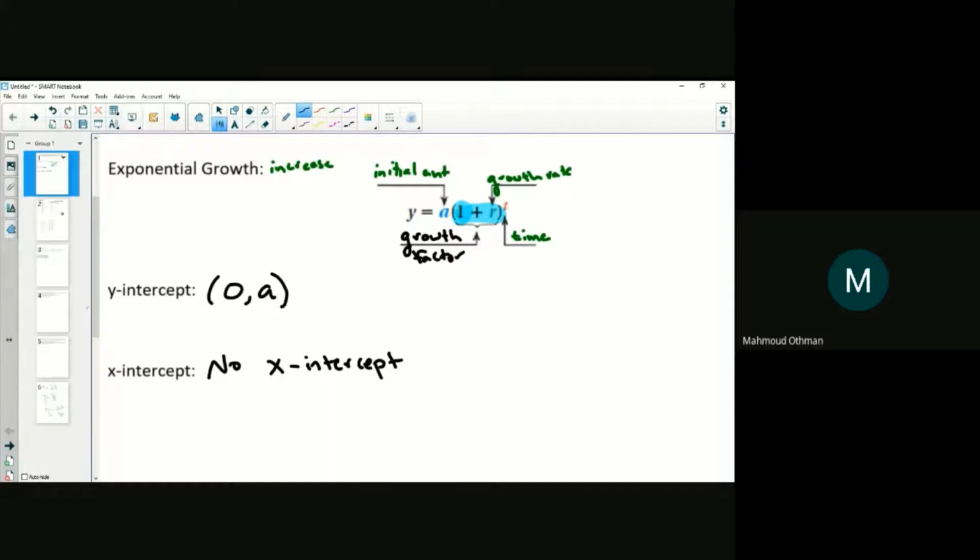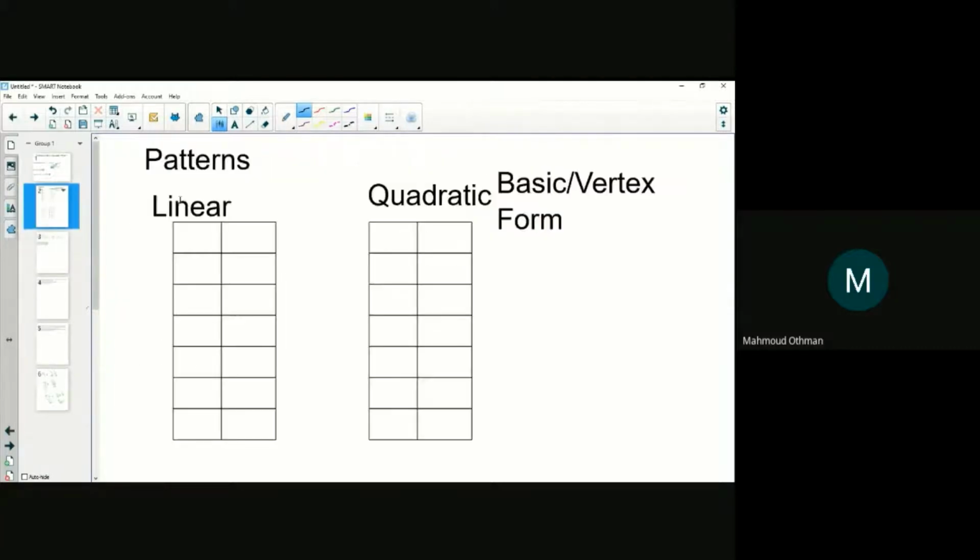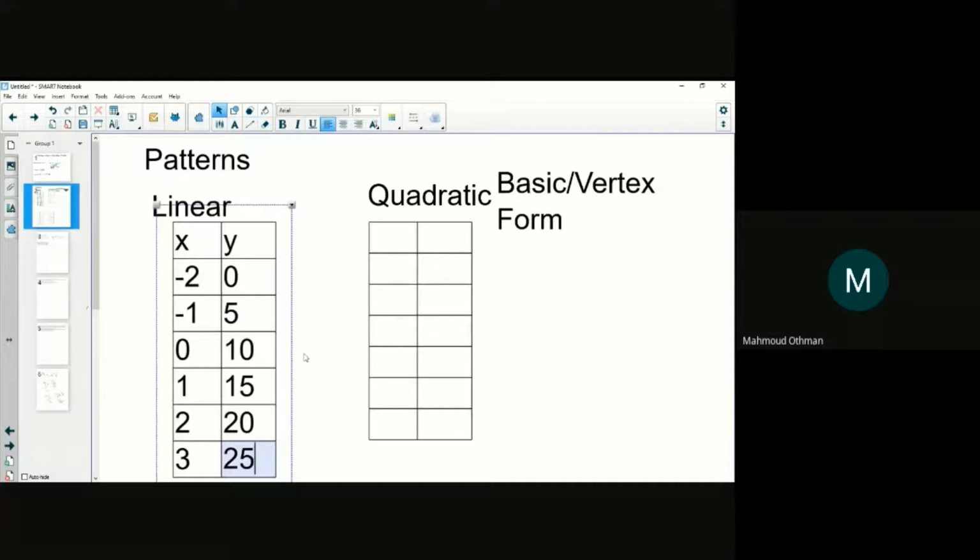Next page of notes. We're going to talk about some of the patterns we see. So linear functions have a pattern where you add the same number each time.